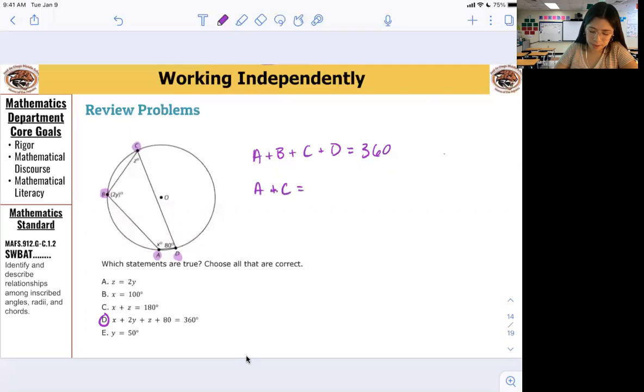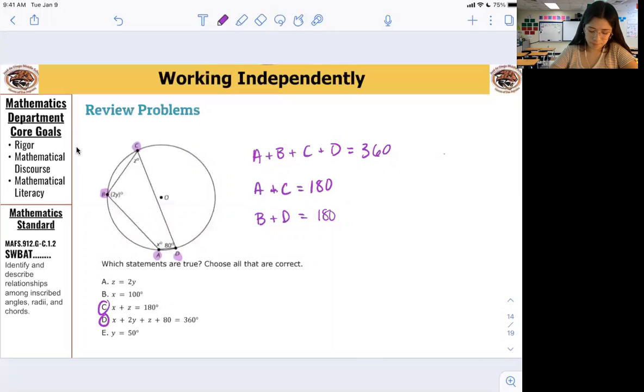So A plus C is 180, and then also B plus D is 180. So obviously altogether, they also make 360. So C and D are correct, but we also have to take a look at everything else. So what about A? Z plus x equals 2y. Does that make any sense? No, that makes no sense.